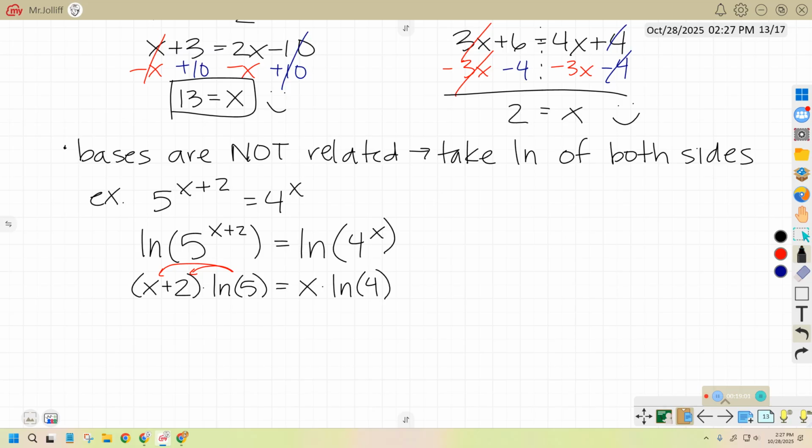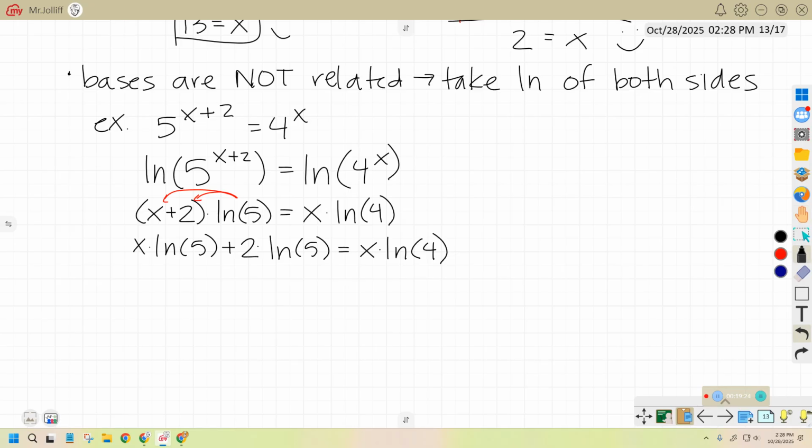So I need to separate the x and the 2. So I'm going to get x times ln of 5 plus 2 times ln of 5. We're getting closer.